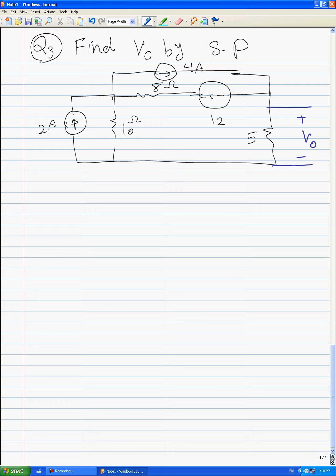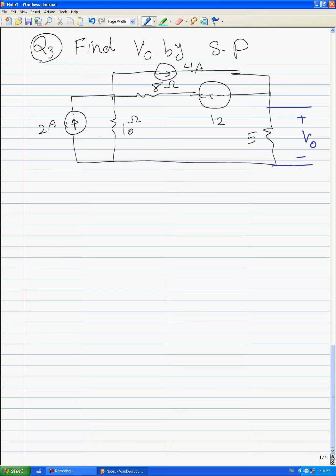An important key for this circuit is to investigate how many independent sources we have and how many sub-circuits we can generate by the superposition technique. In this circuit, we have 3 sources.